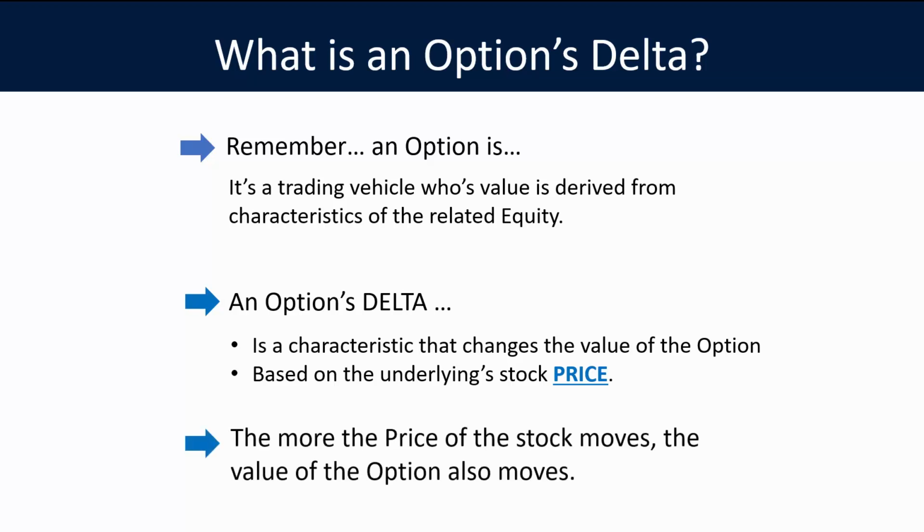Basically, the more the price of the stock moves, the more the value of the option moves. That change in price results in a change in the value of the option, and that, at a very fundamental level, is an option's delta and how it affects the value of the option.